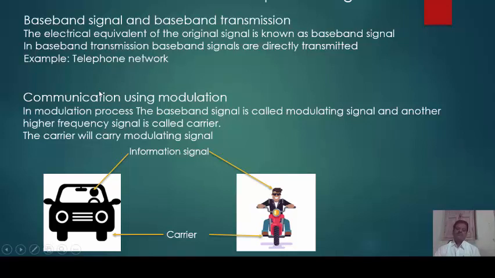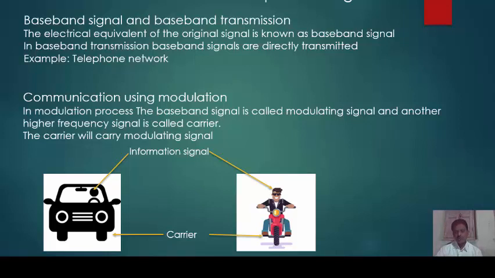Now let us see the second type of communication, which is known as communication using modulation. This is a newer technique by which a signal can be transmitted from one place to another place. This process is known as modulation.